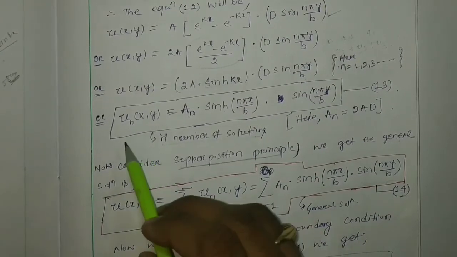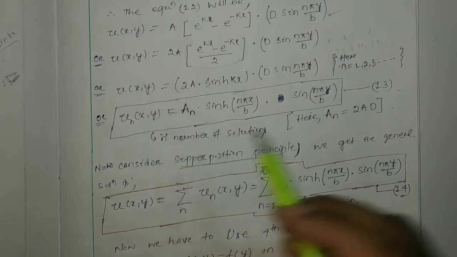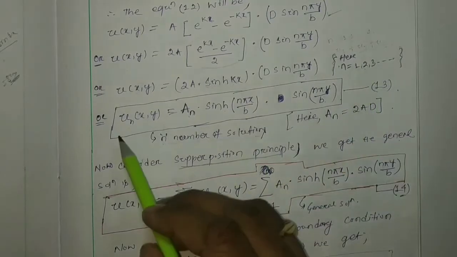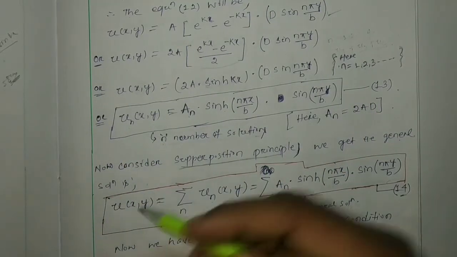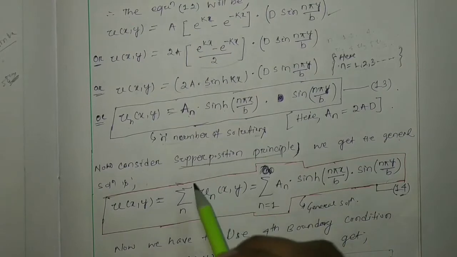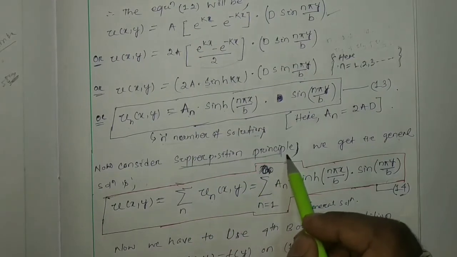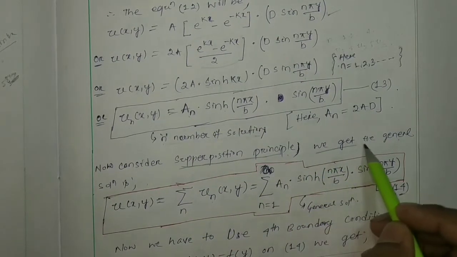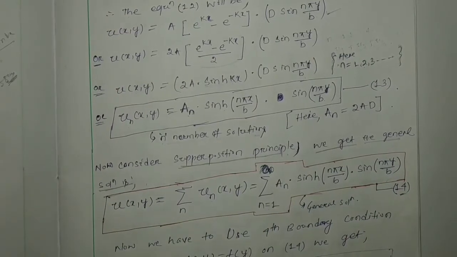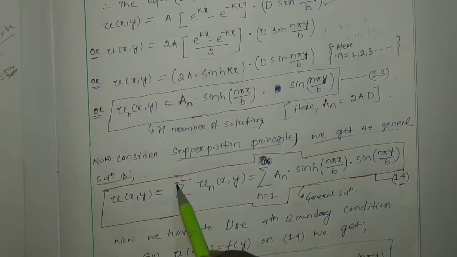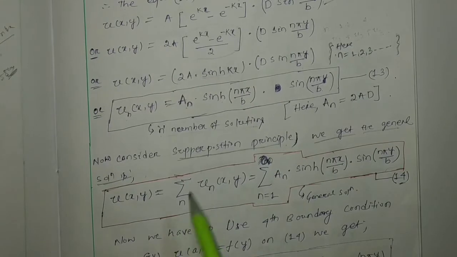When n changes from 1 to 3, we get new solutions. So we consider the superposition principle, and we can get the general solution u(x,y) as summation over n of u_n(x,y).